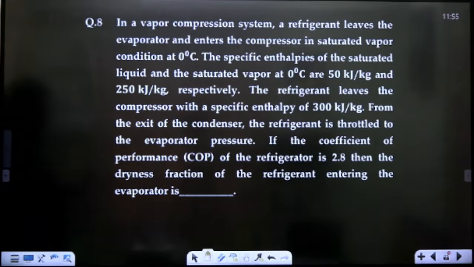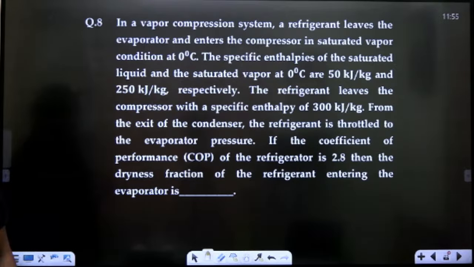Read the question and stop. पढ़ के रुक जाइए.